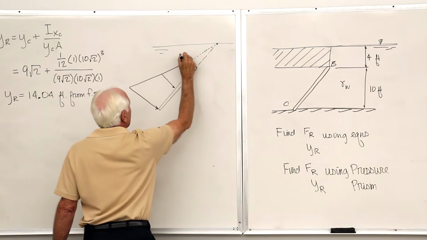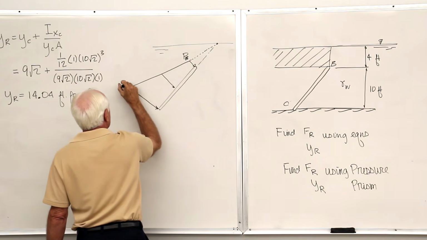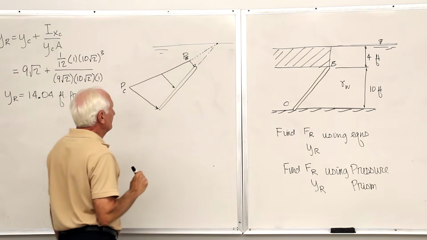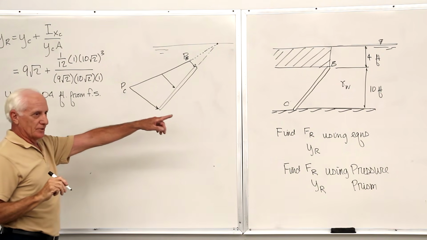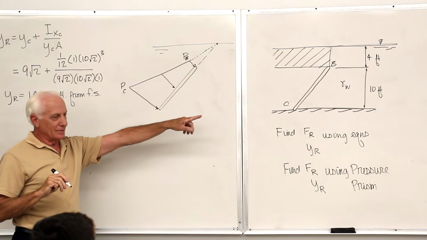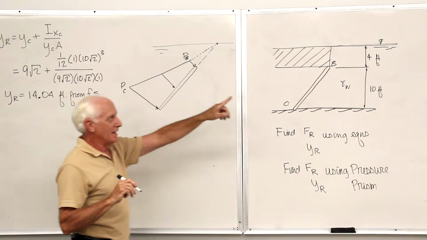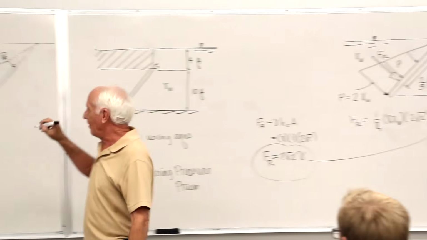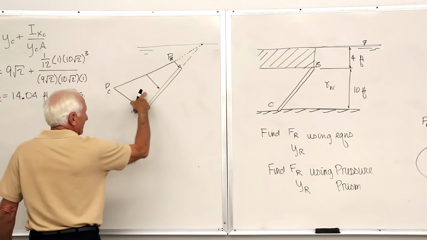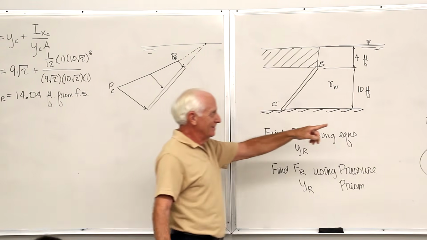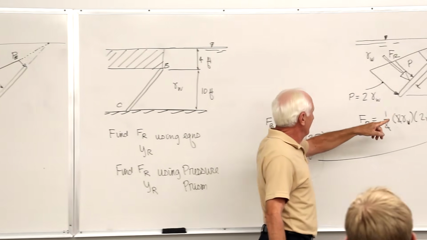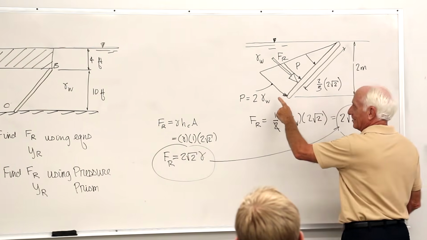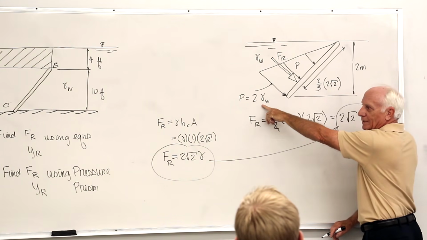This is the pressure at B. This is the pressure at C. There's a picture that goes with that surface. It's not a triangle. It's a trapezoid called a pressure prism. So do what I did over here. Try and find what the FR is by looking at these.